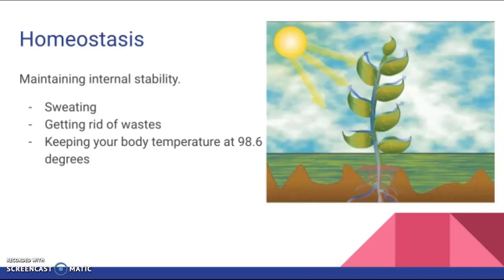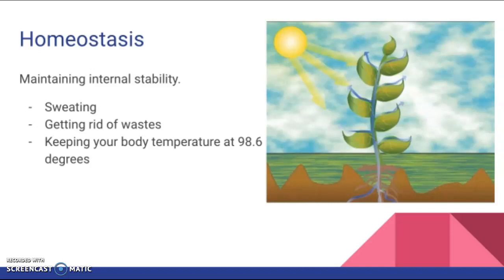Some ways that we go through homeostasis, and all organisms do, is like by sweating. If we get too hot, then our body starts to release the water through our pores to cool us down. When we get rid of waste. Homeostasis's main function is to be able to keep our body temperature at 98.6 degrees.